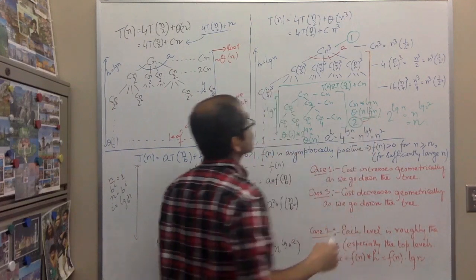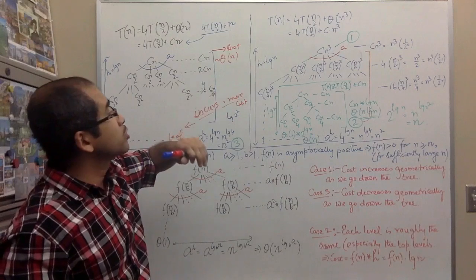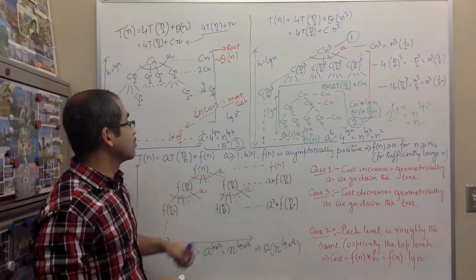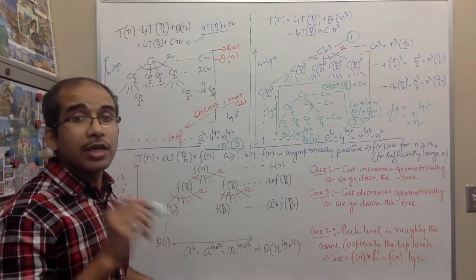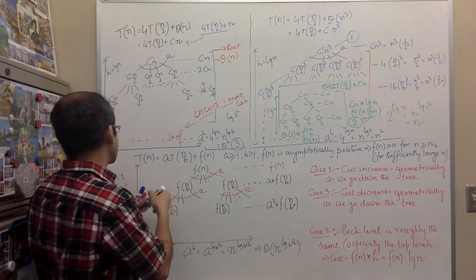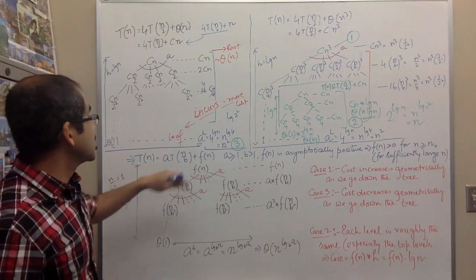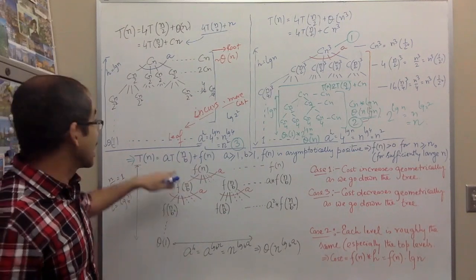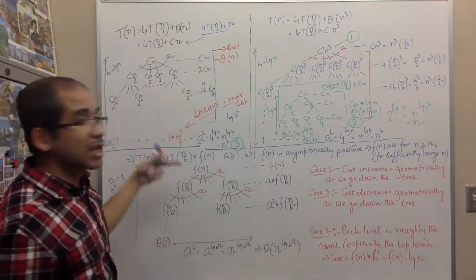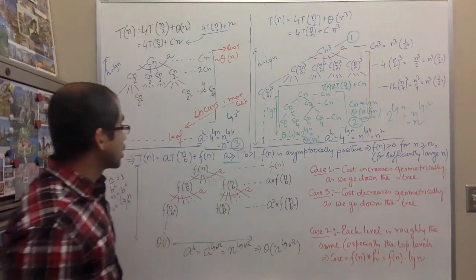Remember 1, 2, 3: 1 is where the root contributes more, 2 is where every level contributes the same, 3 is where the leaf level contributes more. Now let's see a generalization of this procedure using the recurrence relation Tn equal to A T n by B plus Fn. This A can be anything, 1, 2, 3, 4, 5, 6. It has to be greater than or equal to 1.